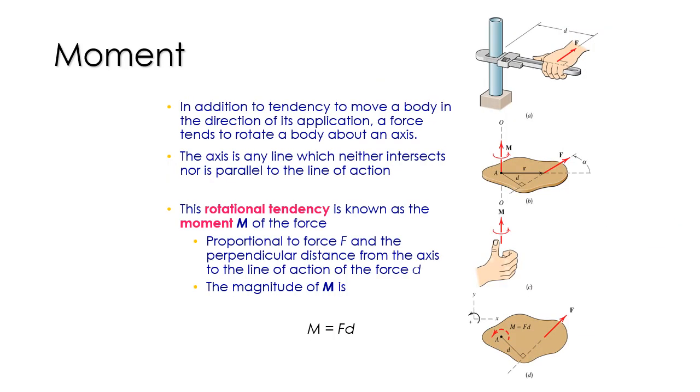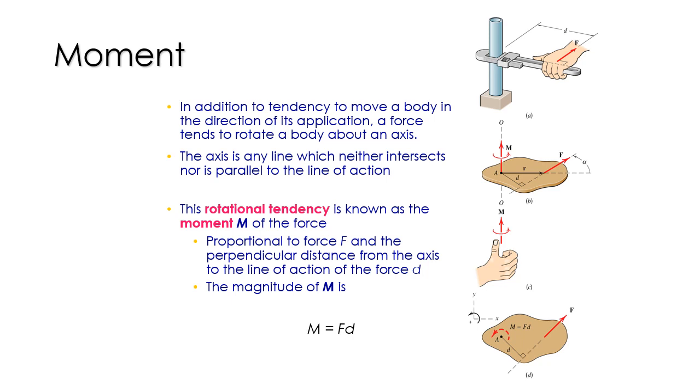So we have a moment. In addition to the tendency to move a body in the direction of its application, a force also tends to rotate a body about an axis. The axis is any line which neither intersects nor is parallel to the line of action. Then the rotational tendency is known as the moment M of a force.